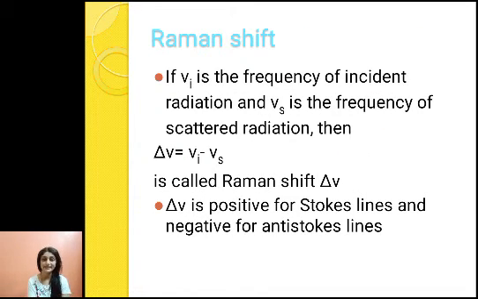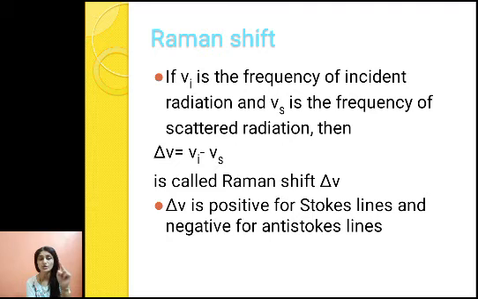Now let us define Raman shift. Suppose nu I is the frequency of incident radiation and nu S is the frequency of scattered radiation. The difference between the frequency of incident radiation and scattered radiation is called the Raman shift. For the Stokes line, the frequency is less as compared to the frequency of incident radiation.